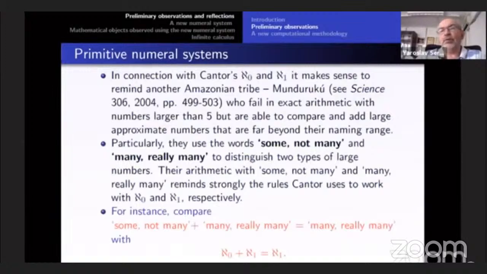And this again is very close to the arithmetic of cardinals of Cantor. So you see, if you substitute some not many by aleph 0 and many really many by aleph 0, then you have the same result. And I remind you that we have the Cantor set theory in the foundations of modern mathematics.